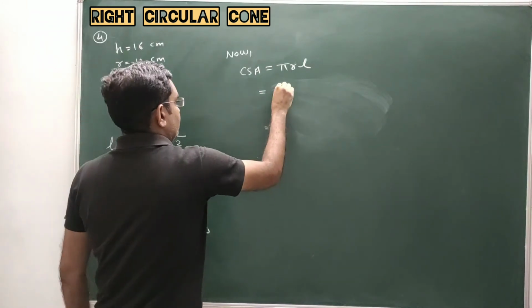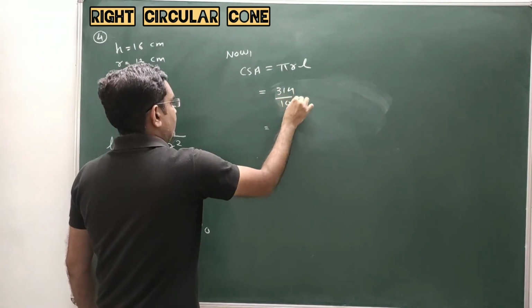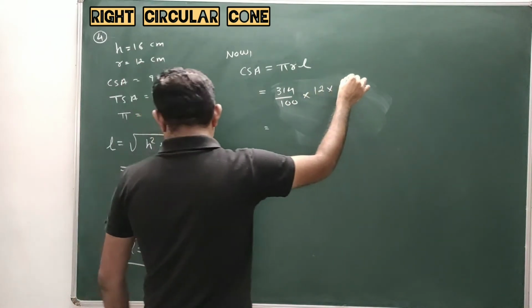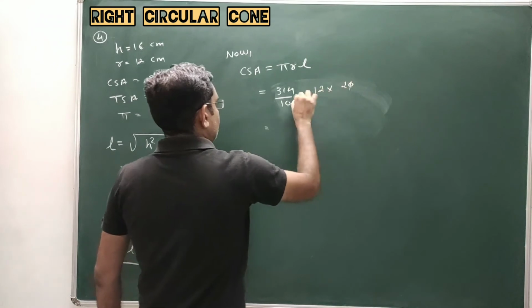Pi is 314 by 100, r is 12 and L is 20. The zeros cut.